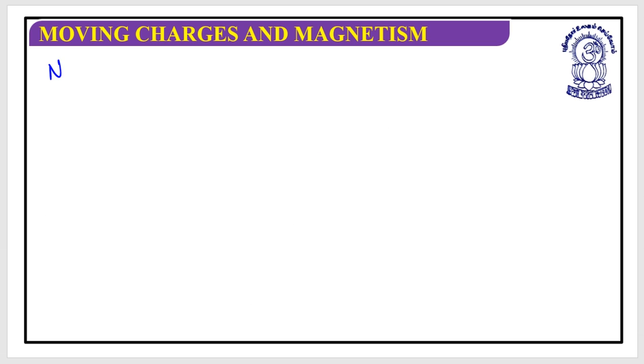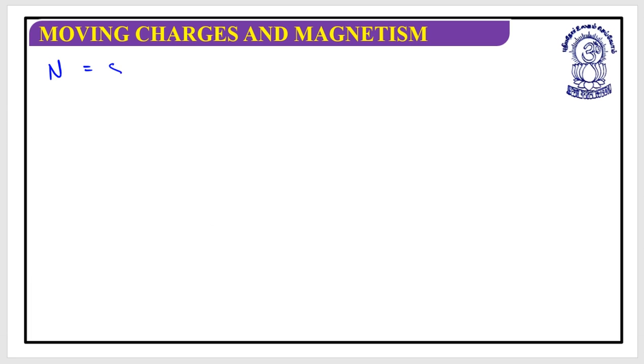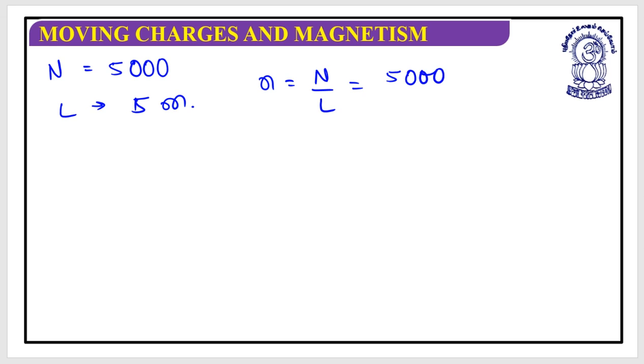We have been given capital N. Please do not make a mistake. It says it is having 5000 turns, so this is capital N, the total number of turns, 5000 in a length of 5 meter. So better to use n equals N by L, which is 5000 divided by 5, which is 1000 turns per meter. Yes. Now what else is given? They have given that I is 1 ampere.